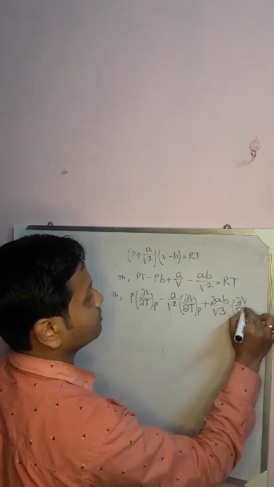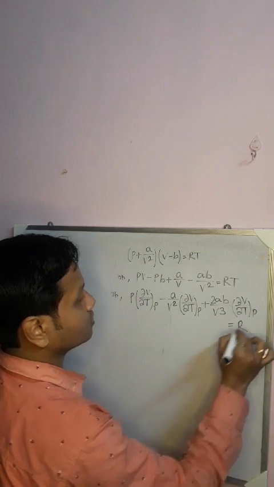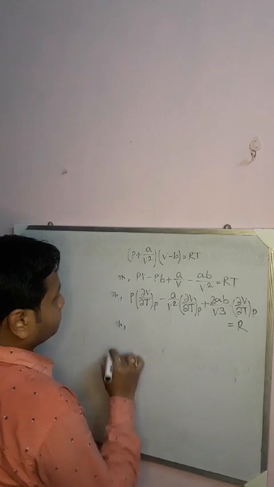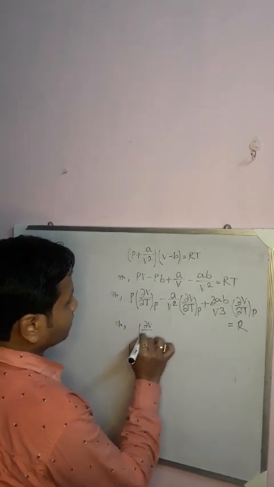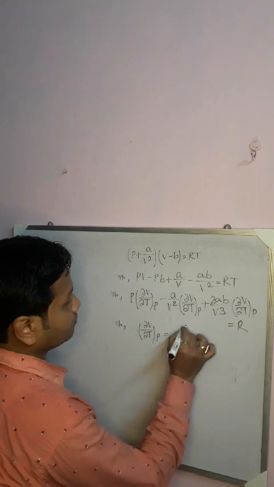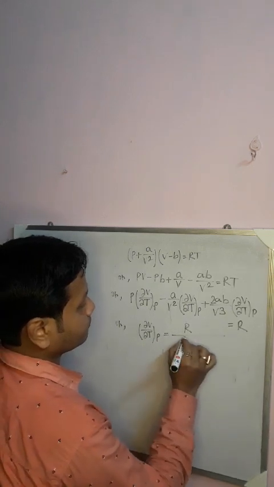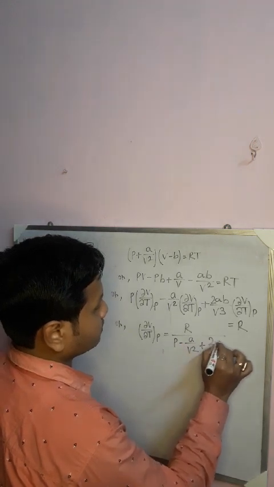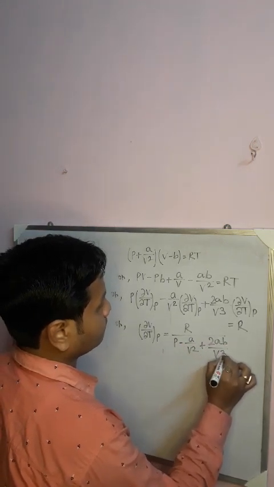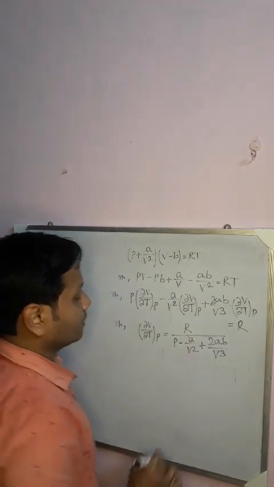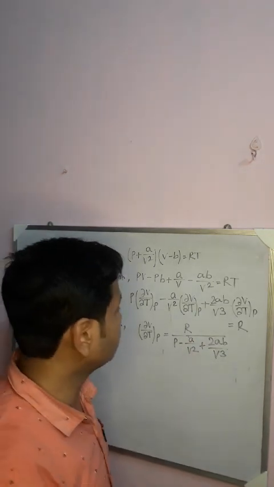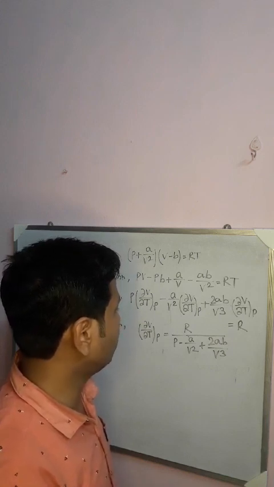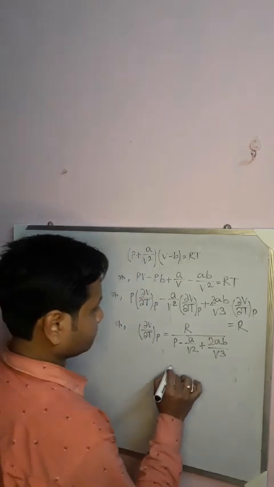This is simply del V del T at constant pressure equals R. So del V del T at constant pressure will be simply R by P minus A by V square plus 2AB by V cube.